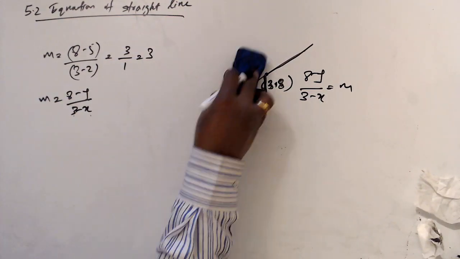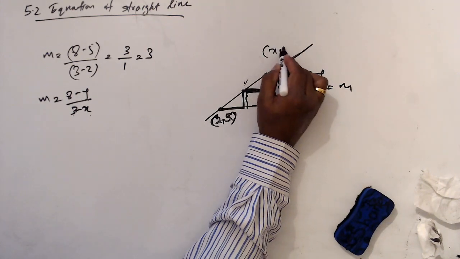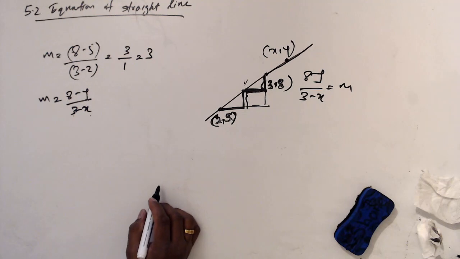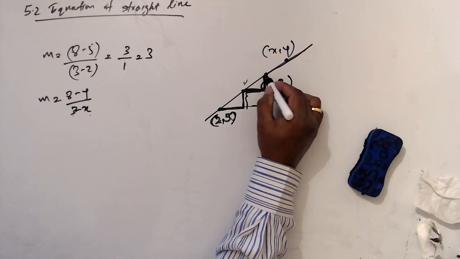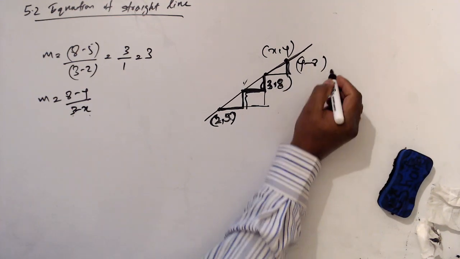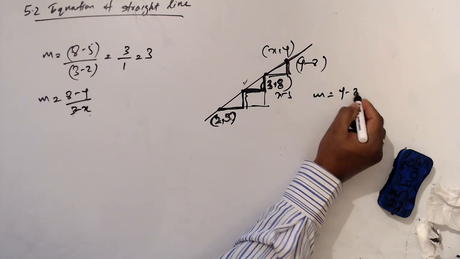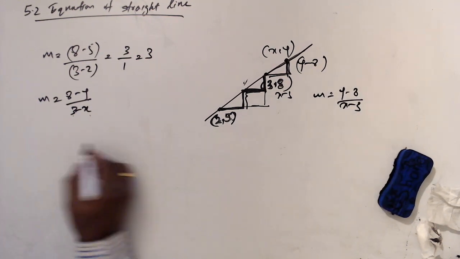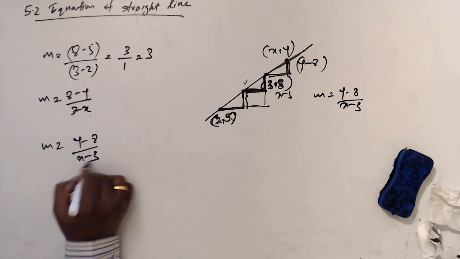One is to bring this xy point to the top, above. Then this gradient is y minus 8, and this is x minus 3. Now y minus 8 over x minus 3.